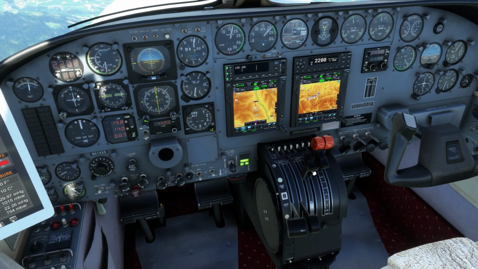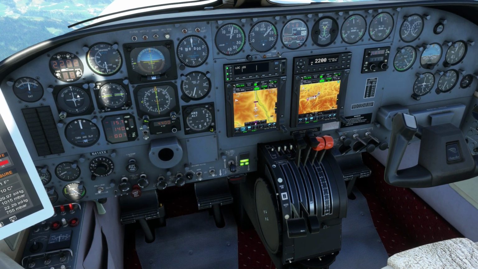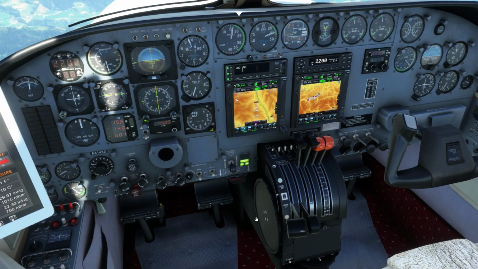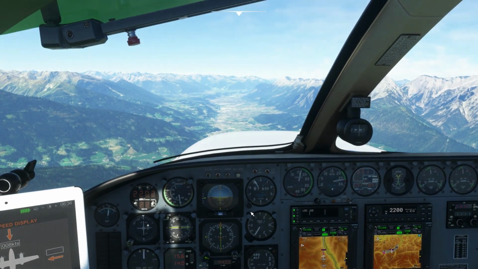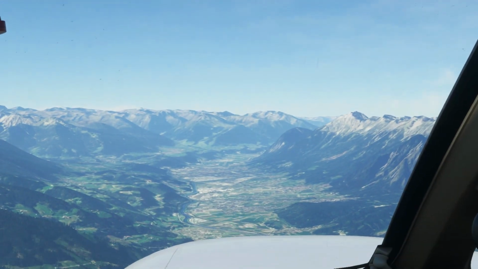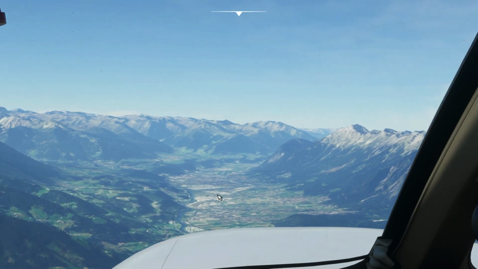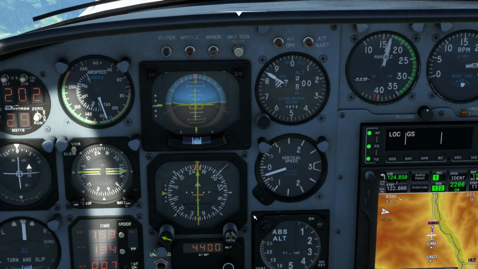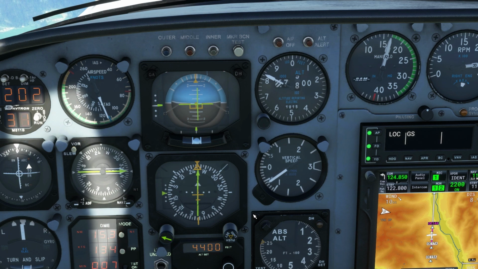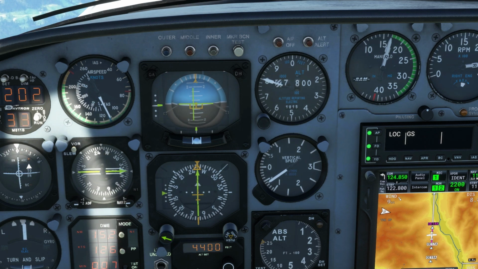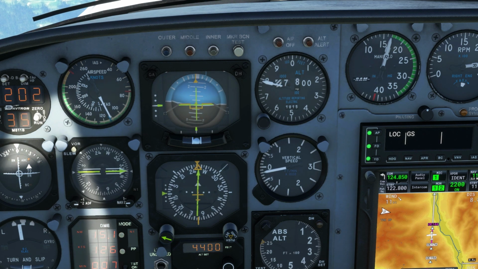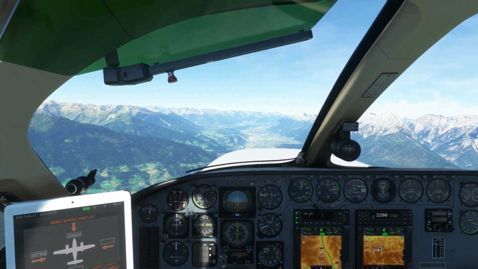Okay, now let's bring RPM to full forward and let's look for the runway. This is the runway, so yes, we are skewed to the right. Well, I don't know how you say this.